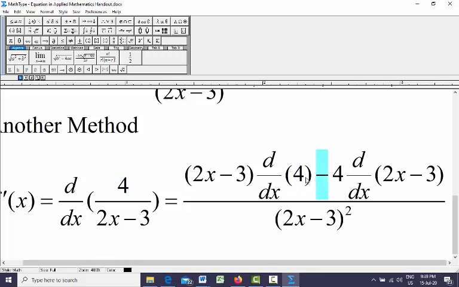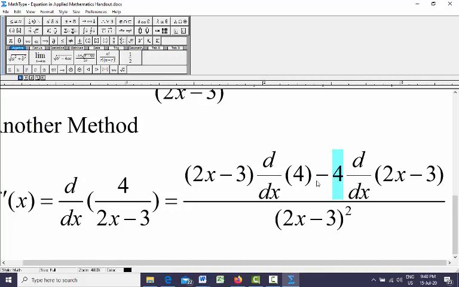And now what will we have? This 2x minus 3 was behind d by dx. Now this 2x minus 3 will come in front of d by dx. And this 4 was in front of d by dx, so after the minus this 4 will come behind d by dx.